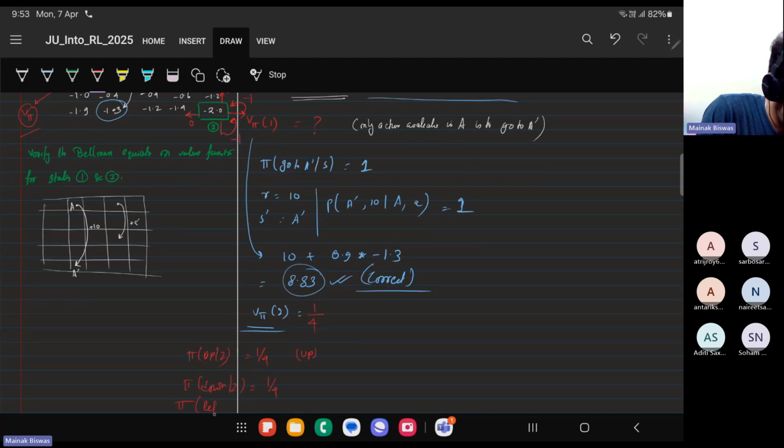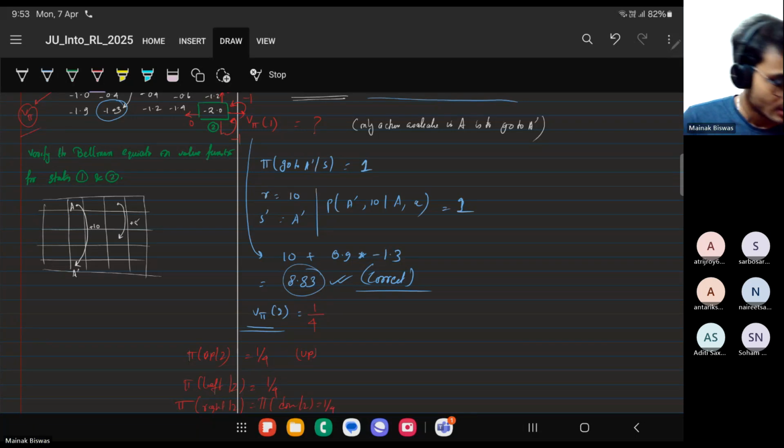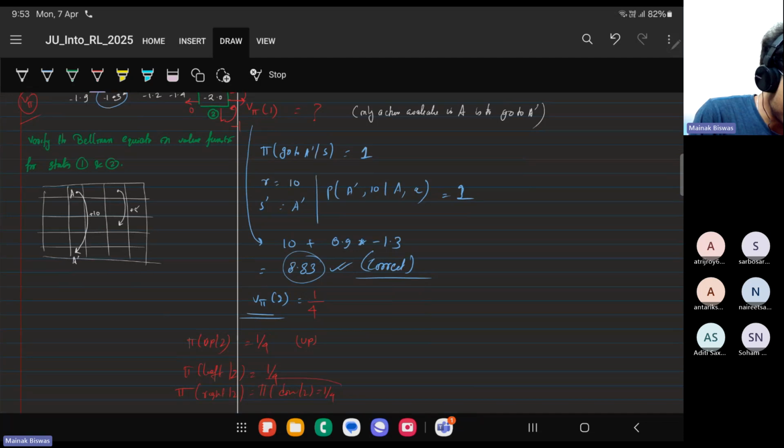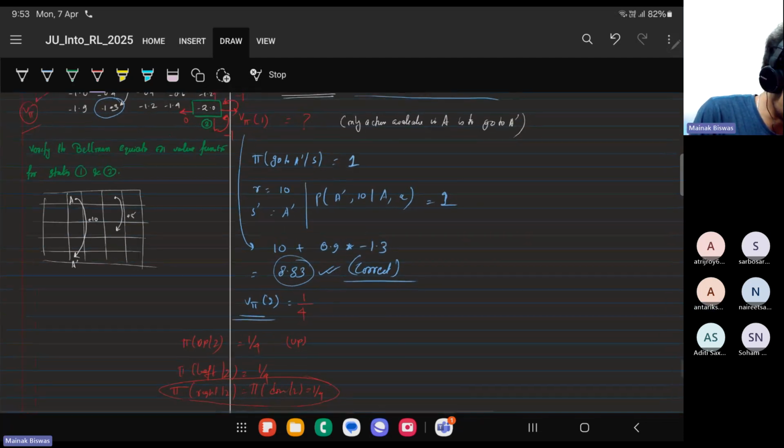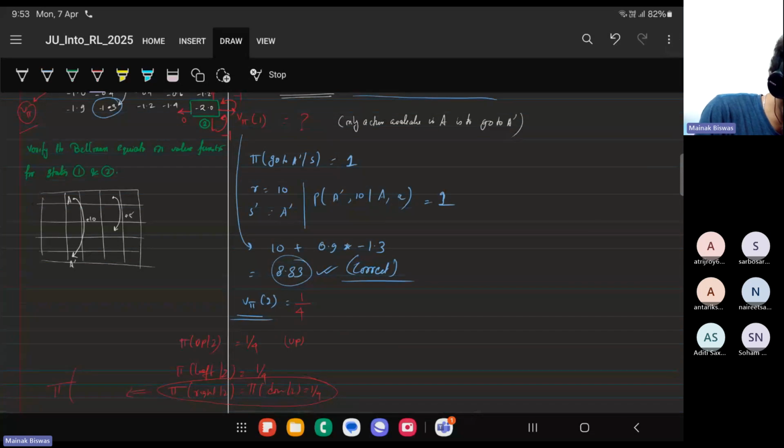Pi of left given 2 is equal to pi of right given 2, is equal to 1/4. So now tell me, do you agree that right and down can be clubbed together as a single action? Because it returns to the same state. So we can write this as out of grid given state 2. This is probability half. Do you agree? Because one of the two times it will go out. Fine, just adding both of them.